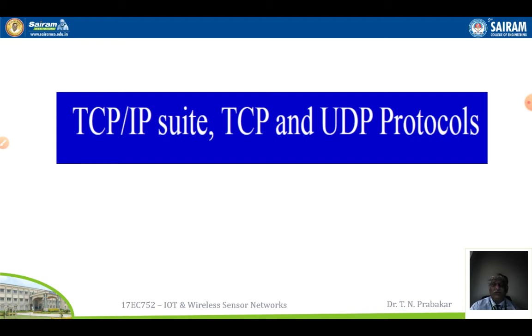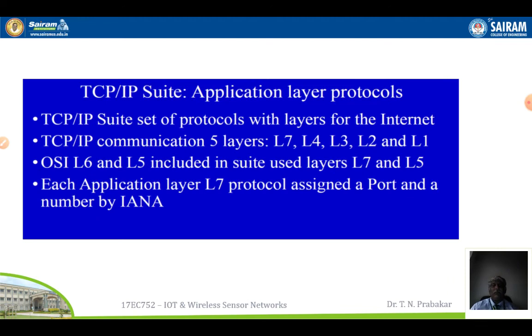So here we are going to see the TCP/IP suite. Normally the TCP/IP suite is the combination of two protocols, either TCP and IP, or in some cases we can go for UDP and IP. Already we have seen the difference between TCP and UDP. TCP stands for transmission control protocol, and UDP is user datagram protocol. And the TCP/IP suite is a set of protocols with layers for the internet, right? So what are the layers available?